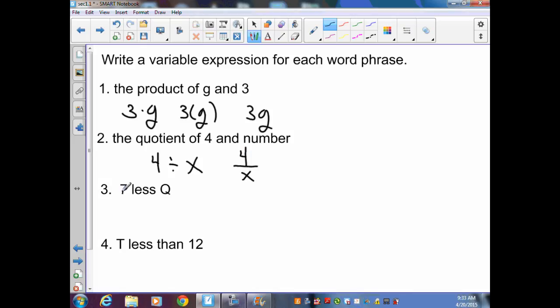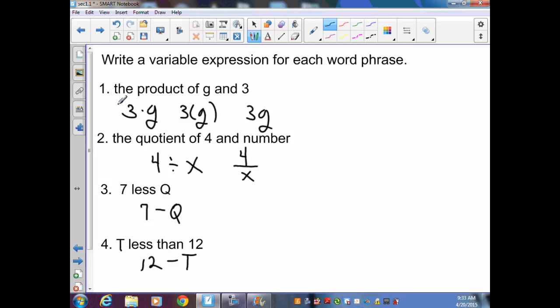7 less Q. 7 minus Q. Our next one, T less than 12. Notice on our previous problem, 7 less Q, I wrote it just in that order, 7 minus Q. T less than 12, when I have the word than in my problem, that means I need to flip the operations around, which would be 12 minus T. And here, order of operations is going to matter.